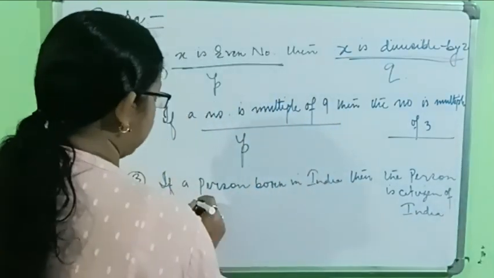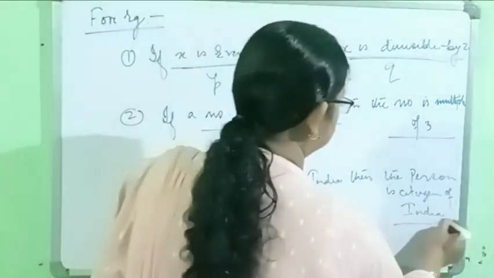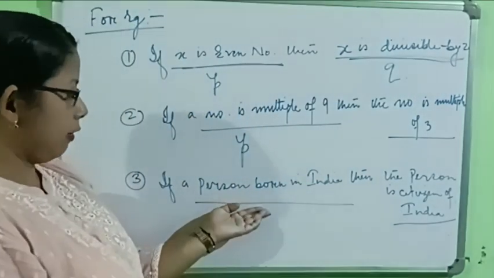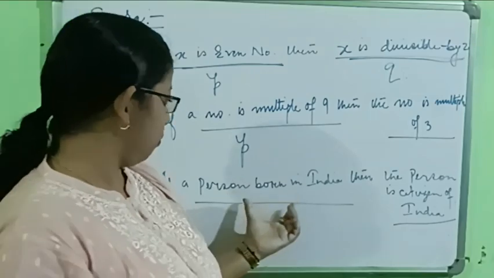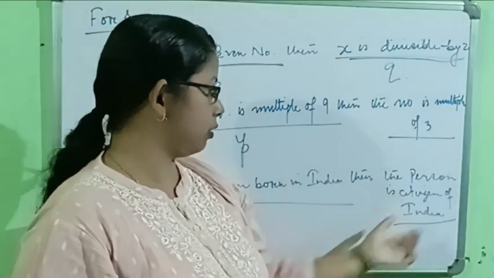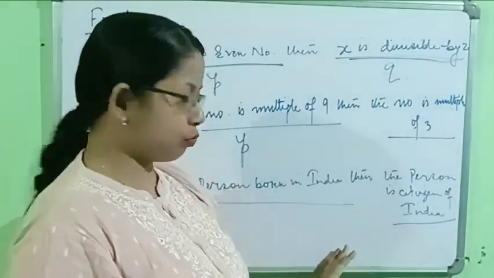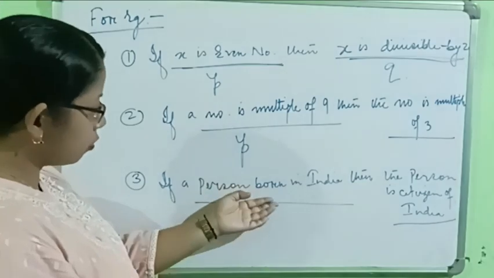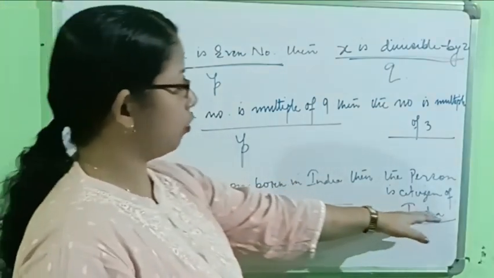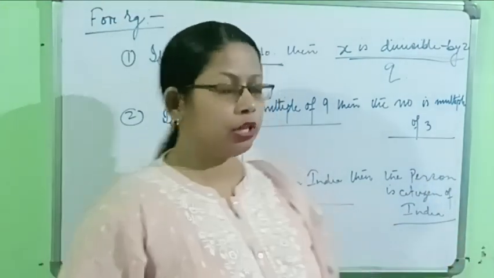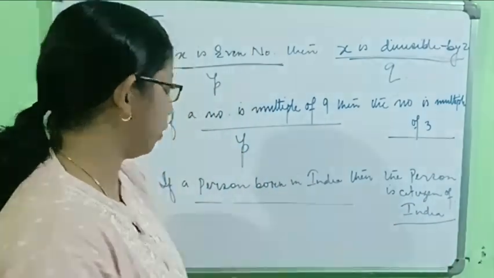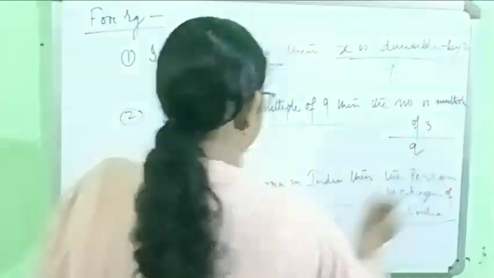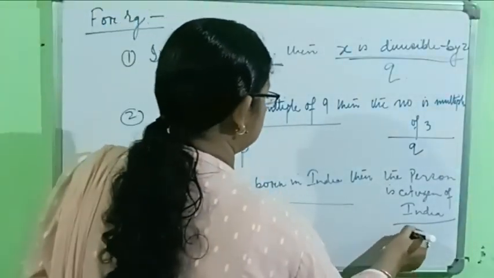Here this is the antecedent and this is the consequent. Here it is true: a person born in India is a citizen of India. The implication is true, but we cannot check whether a person who is not born in India is a citizen or not. In the case of implication, we cannot check this one.